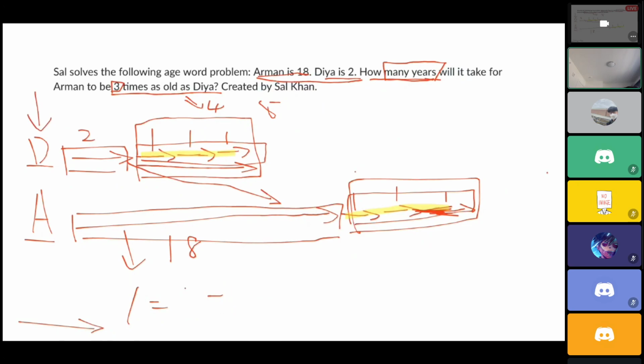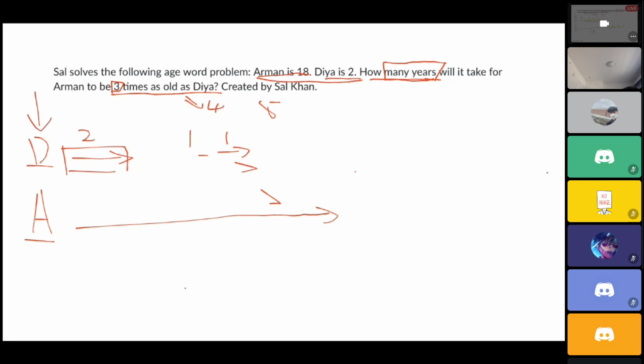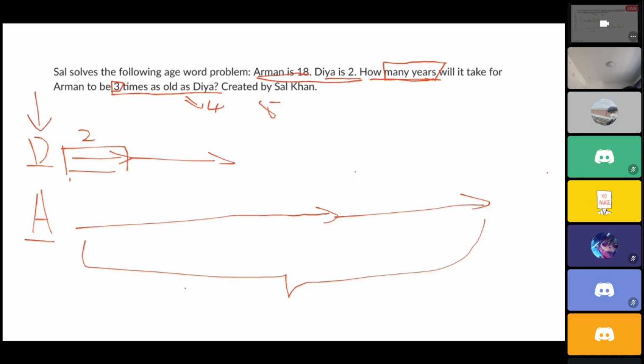It's basically asking after how many years of addition this becomes 3 times as large as this.